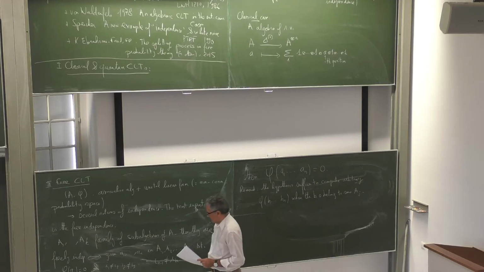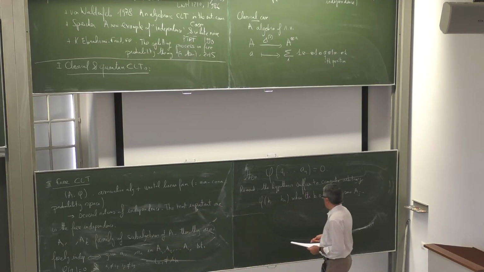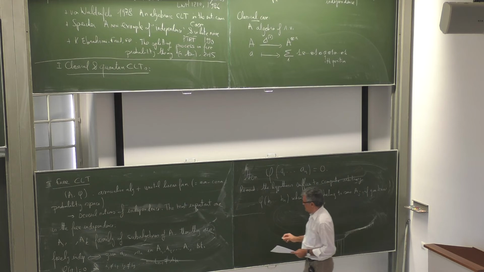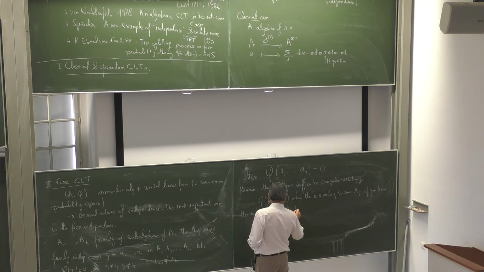So from this vanishing condition, you can compute all expectations if you know the values of phi on the AIs.